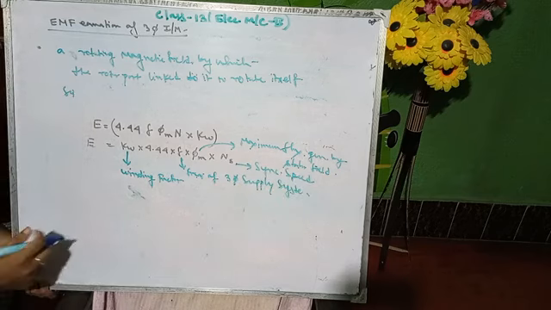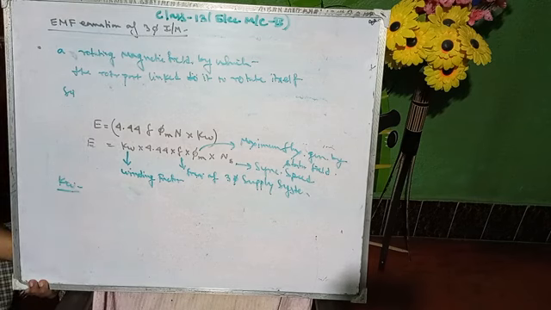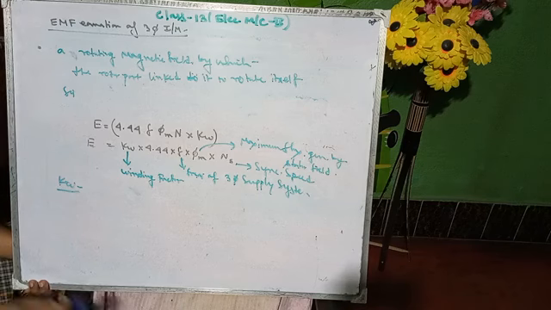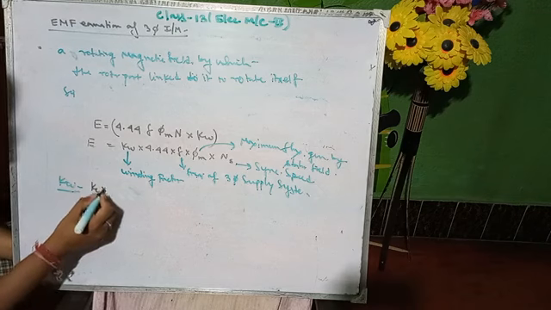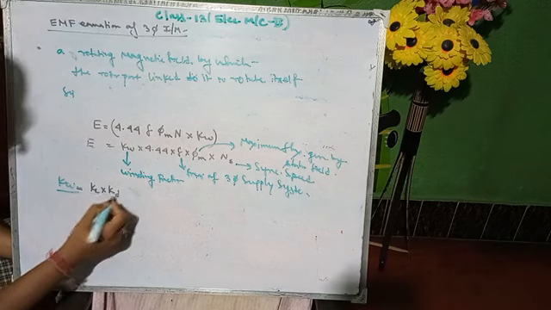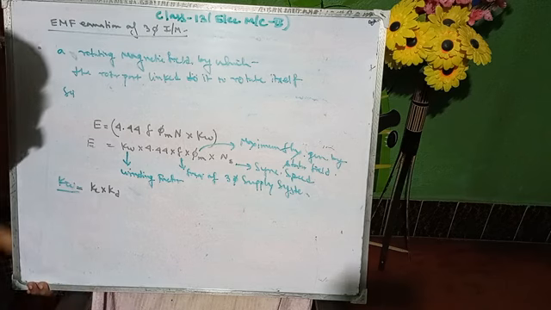Okay, and now elaborate this winding factor. In your first module, this winding factor has already been taught, right? So this winding factor is nothing but coil span factor into distribution factor. The formula is written in the first module, so refer to the first module.